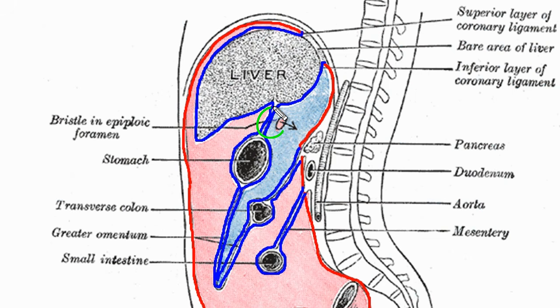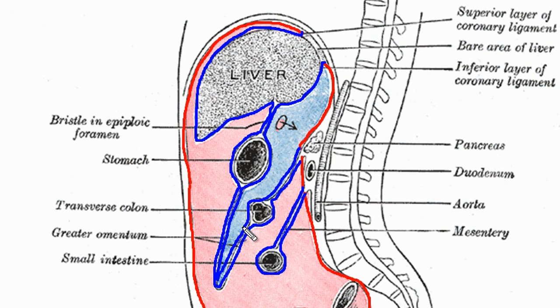So this double fold of visceral peritoneum connecting the liver to the lesser curvature of the stomach is called the lesser omentum, and connecting the greater curvature of the stomach to the transverse colon is this fold of peritoneum called the greater omentum.